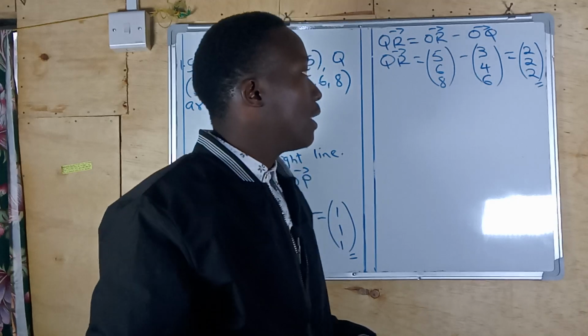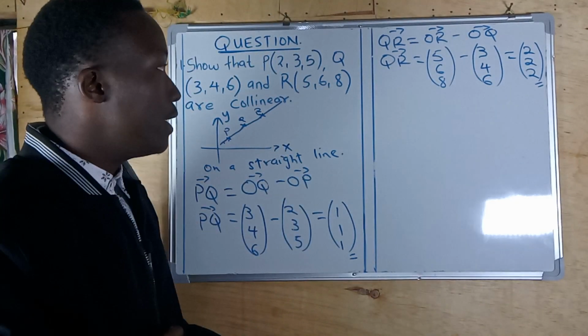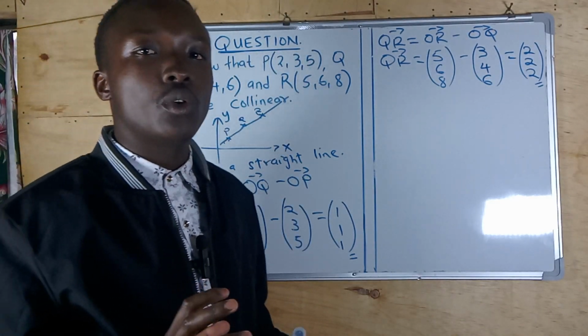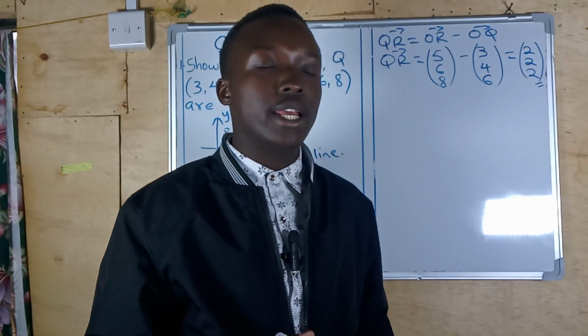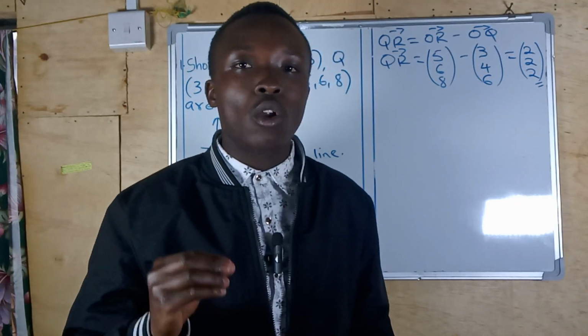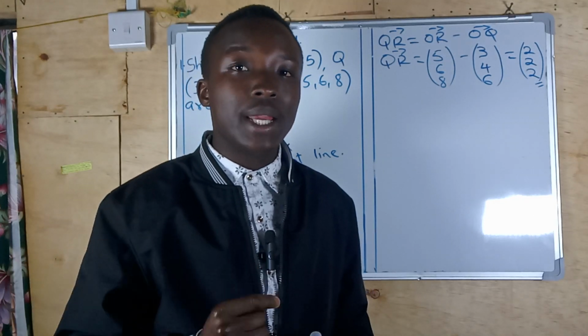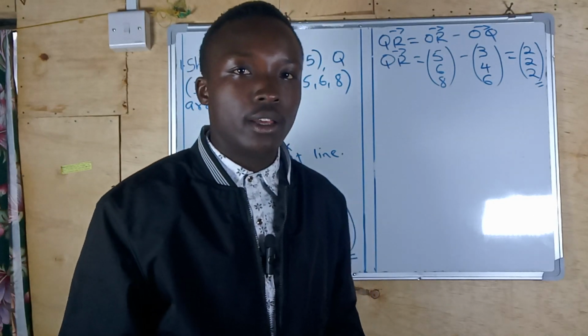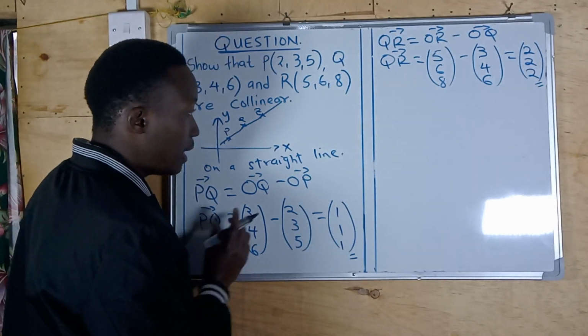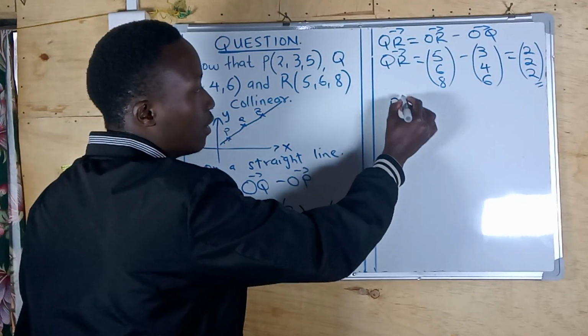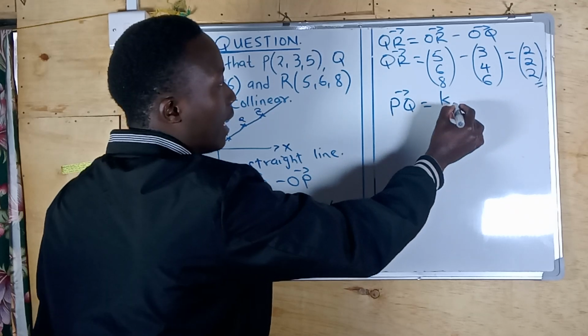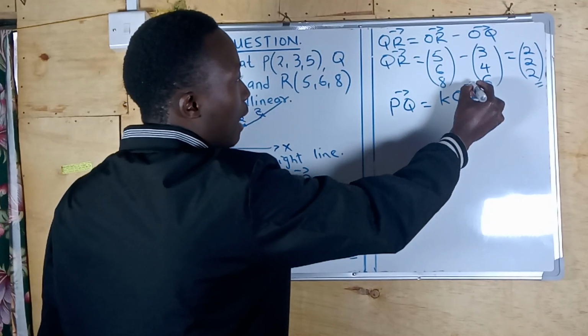Having that, the next thing we are going to do is, we said we should show that P, Q and R are collinear. Collinear points are always parallel, meaning one is a multiple of another. So we can therefore say PQ is equal to k QR.